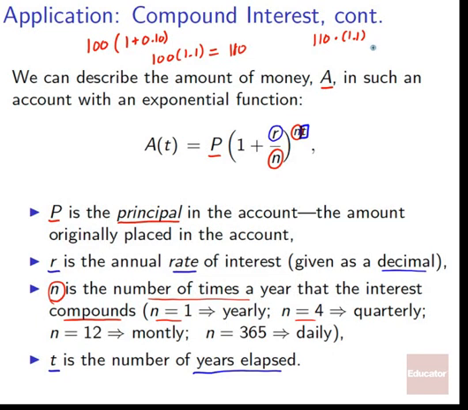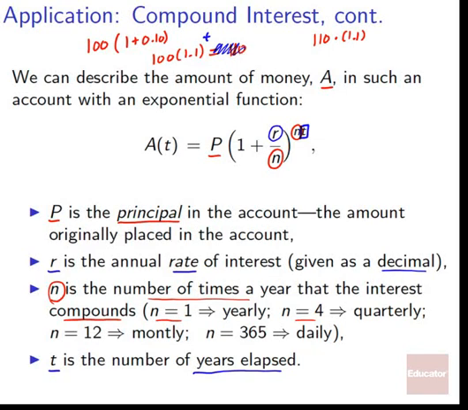And if we wanted to keep hitting it, we can just think of it as 100 times 1.1 to the t. And that will give us the number of times that the interest has hit over and over. So our principal times the 1, because the bank lets you keep what you started with, plus the interest in decimal form, all raised to the t, the number of years that have elapsed.